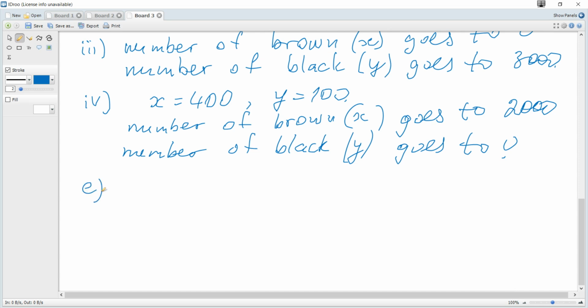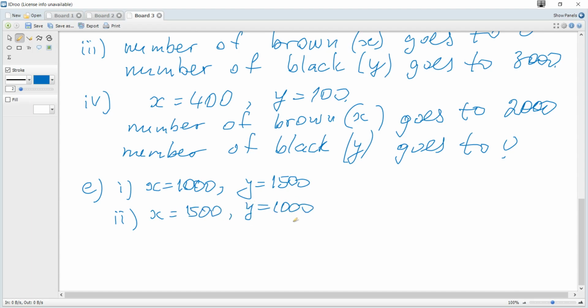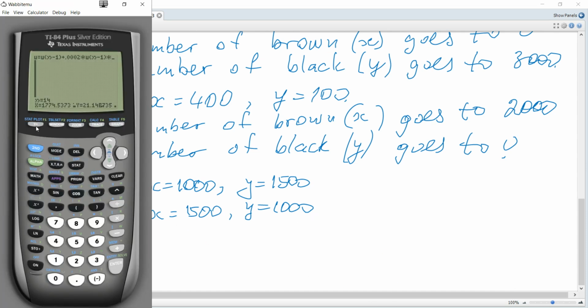The next: use Euler's method with step length 0.2 to sketch on the same axis the approximate trajectories for the populations with the following initial populations. And the same, we just need to change the initial values.